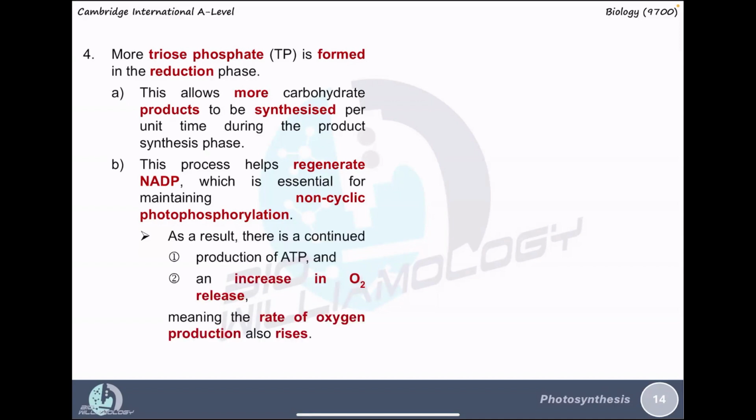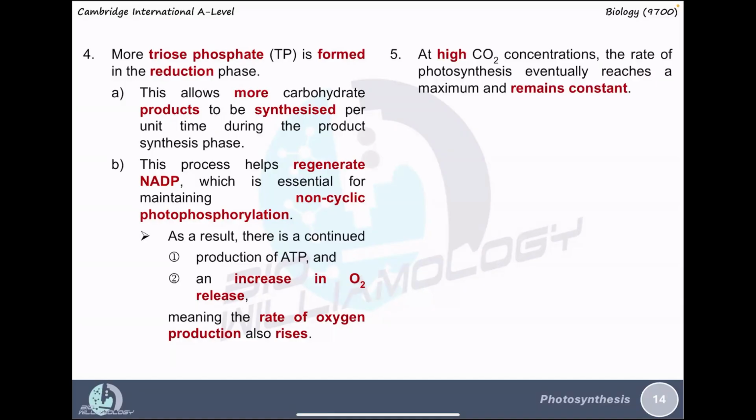As a result, there is a continued production of ATP through chemiosmosis and an increase in O2 release. Why? Because when the rate of non-cyclic photophosphorylation is high, there is more photolysis of water, and therefore an increase in O2 release.